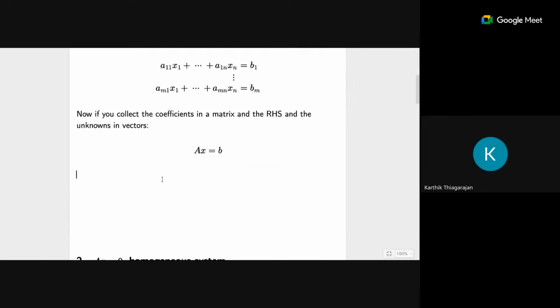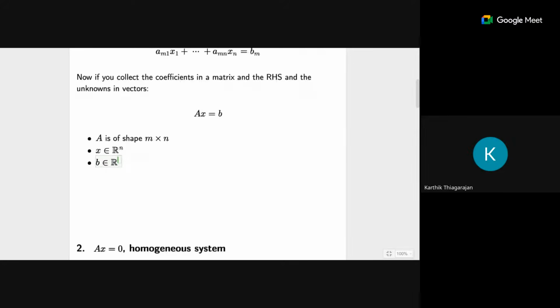You have to always keep track of the dimensions. A is of shape m cross n, x is a vector in Rn, and b is a vector in Rm. So this is clear, right? This is the basic idea.